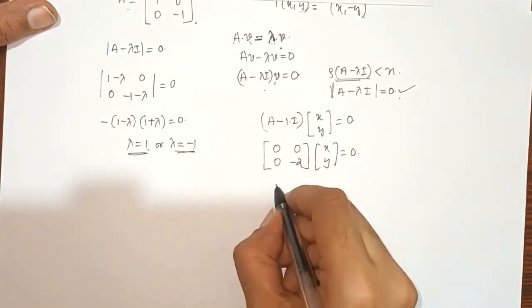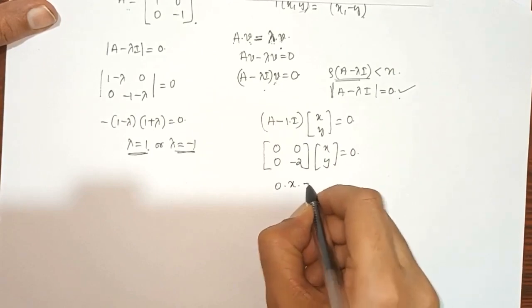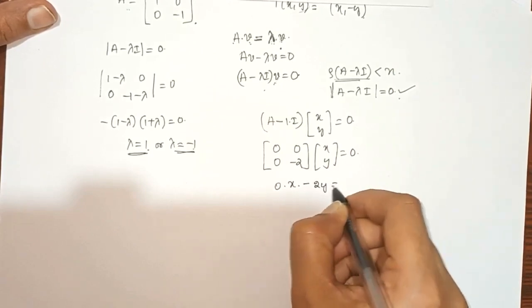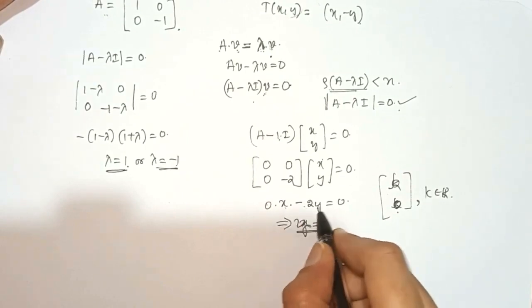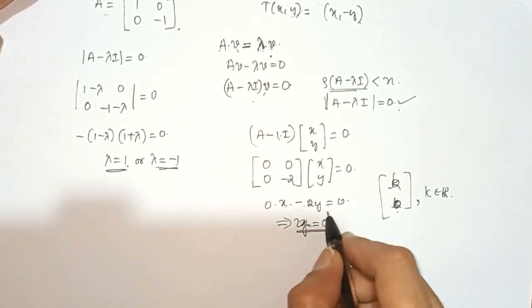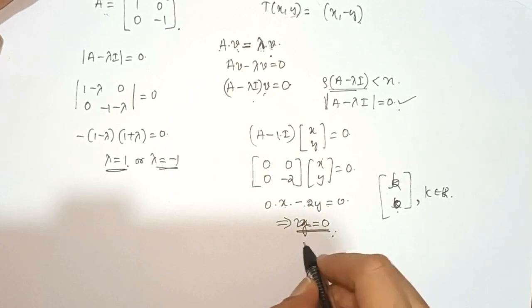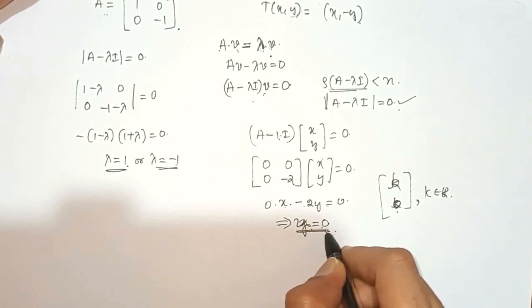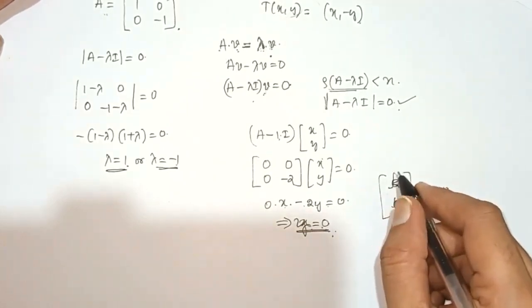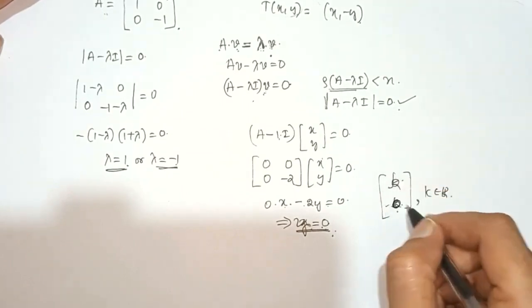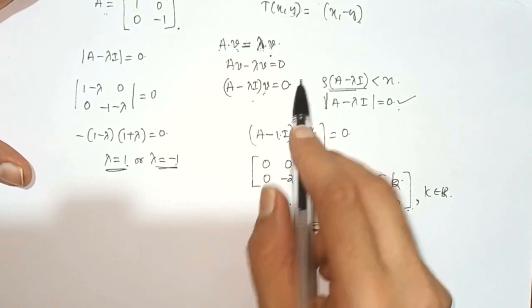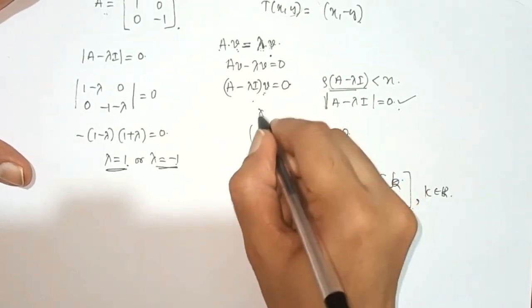So this gives you 0 into x minus 2 into y equal to 0, which gives 2y equal to 0, which implies y equal to 0. Therefore, x can be any value, but the y value is always 0. So this is the eigenvector corresponding to the eigenvalue lambda equal to 1.